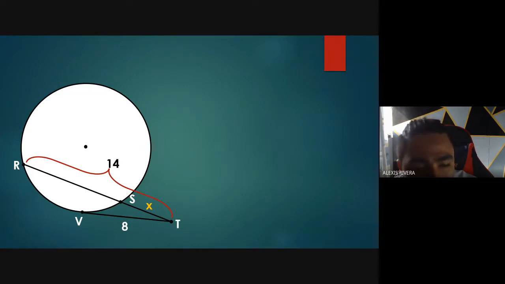What is the measurement of x? Okay, ayan na. Naglalabasan na ang ating mga answers. Okay, tignan natin if you are correct, guys.